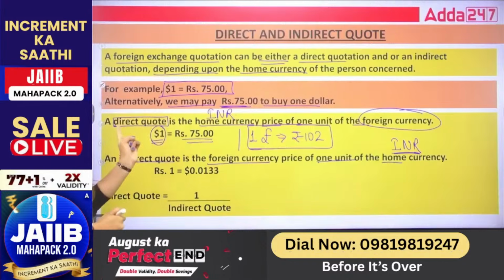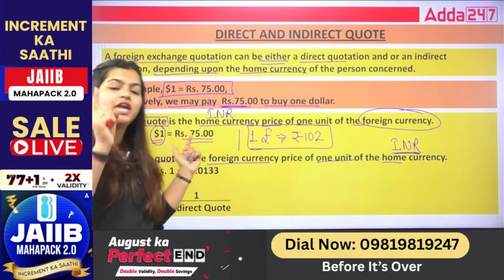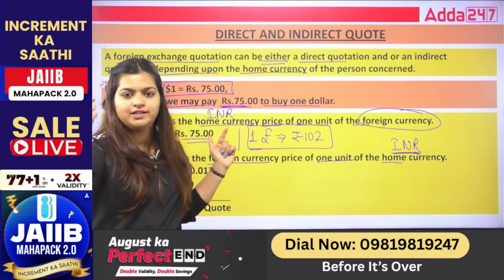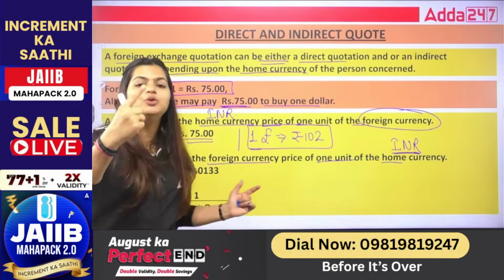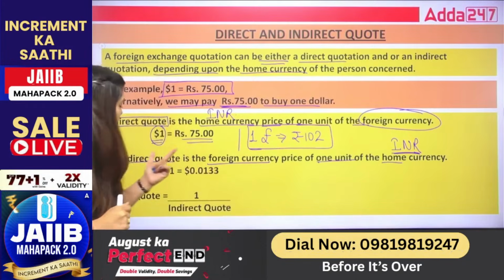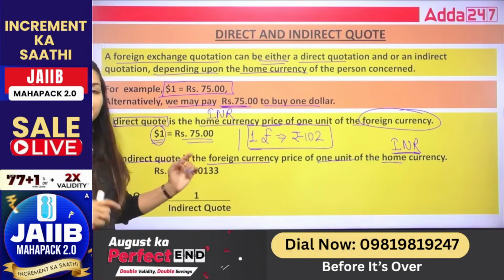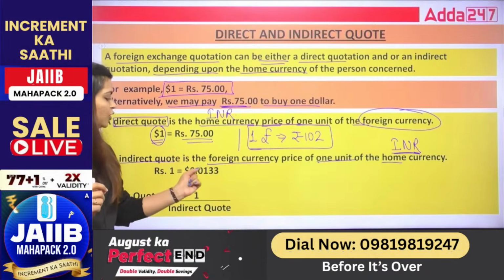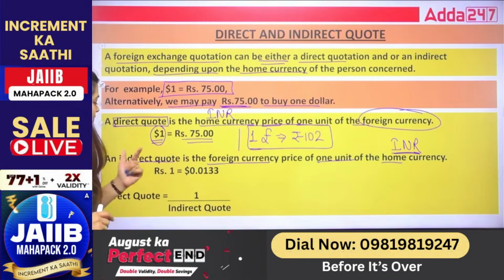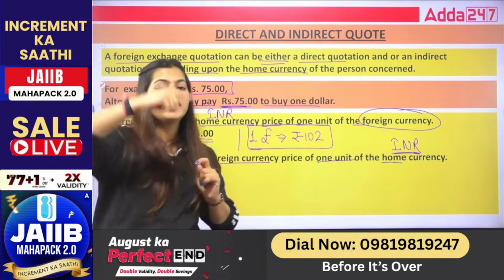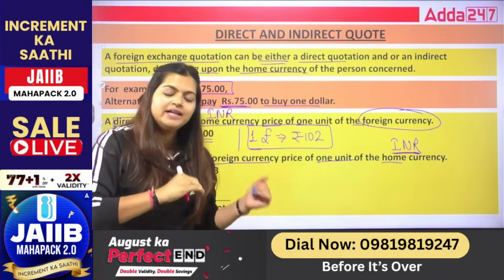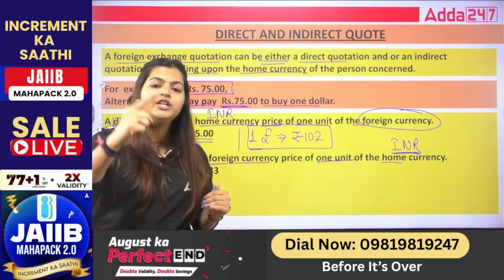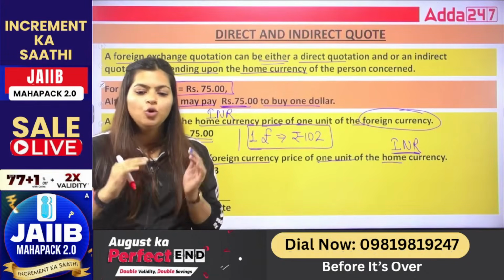In a direct quote, we take 1 unit of foreign currency, but in an indirect quote, we take 1 unit of home currency. Means rupees 1 equal to dollars 0.0133. This is your indirect quote.